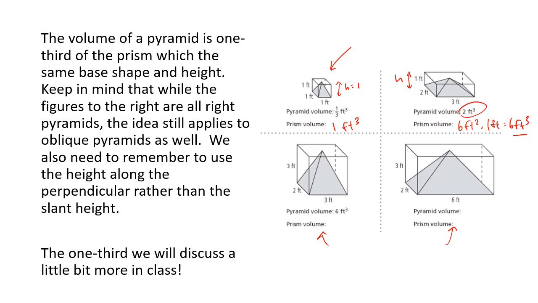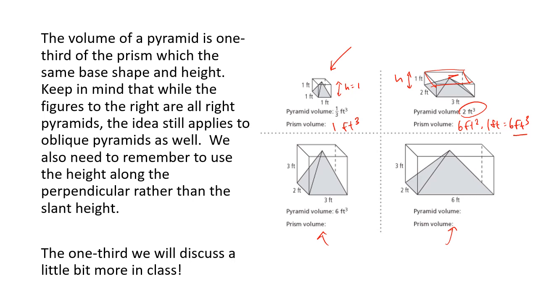Now, two things to point out. Number one, these are all right pyramids in this diagram. If I were to move this point anywhere within this top base, then the volume is going to stay consistent. Now, if I start to lean it over and move that point out of that plane, then the volume is going to change.